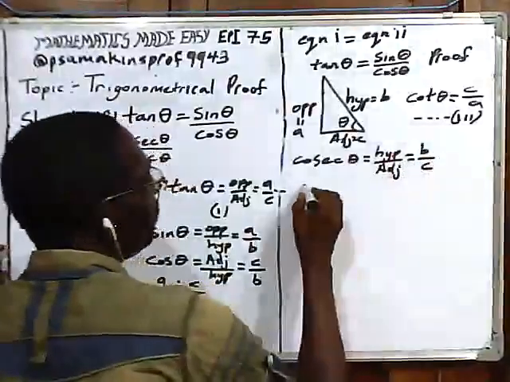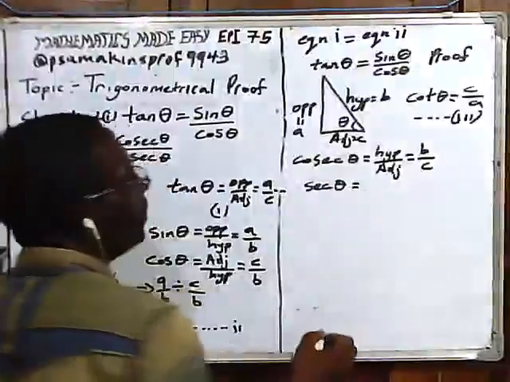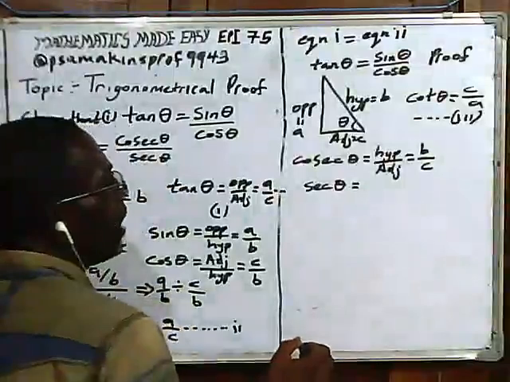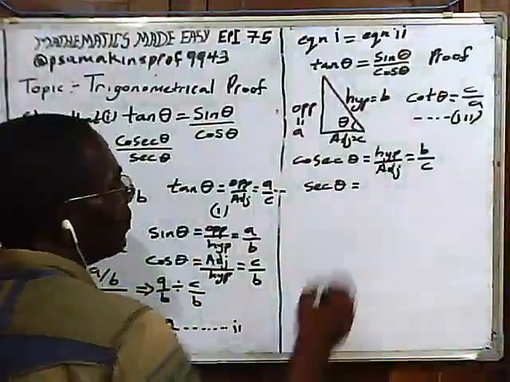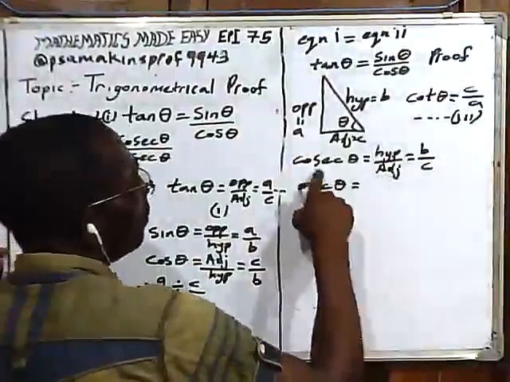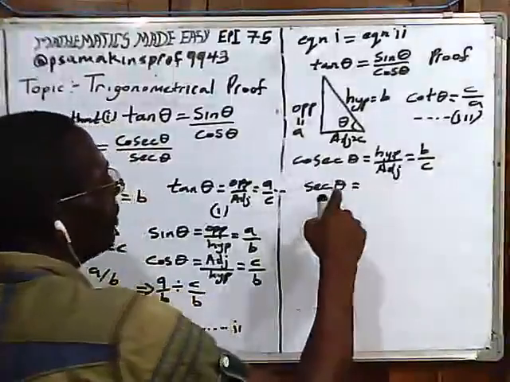Sorry, cosec theta is 1 over sine theta.